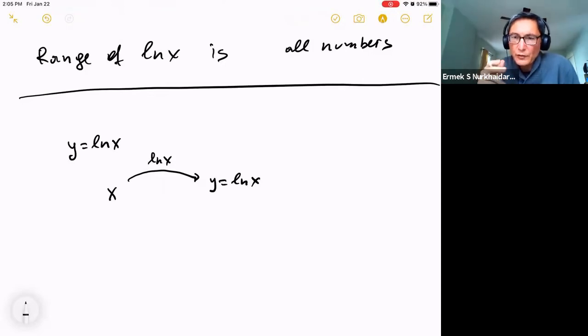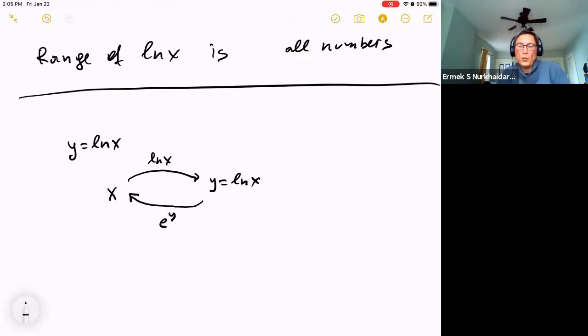So they are inverse to each other. It takes the output, which is y, and puts it back into x, because that's what an inverse function does. It switches outputs and inputs. So that's what e to the y will do.